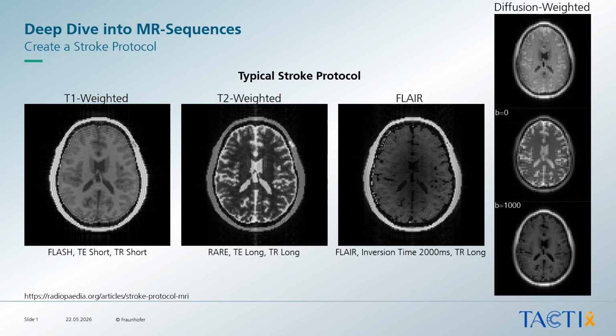The fluid suppressed image can either be created by directly using the RARE sequence and adding an inversion pulse, or using the special FLAIR sequence from the protocol, where we add a long inversion time and a long repetition time to get rid of ghosting artifacts. And finally, the diffusion-weighted image can be created using the diffusion-weighted spin echo EPI sequence, for example, with b-values of 0 and 1000.